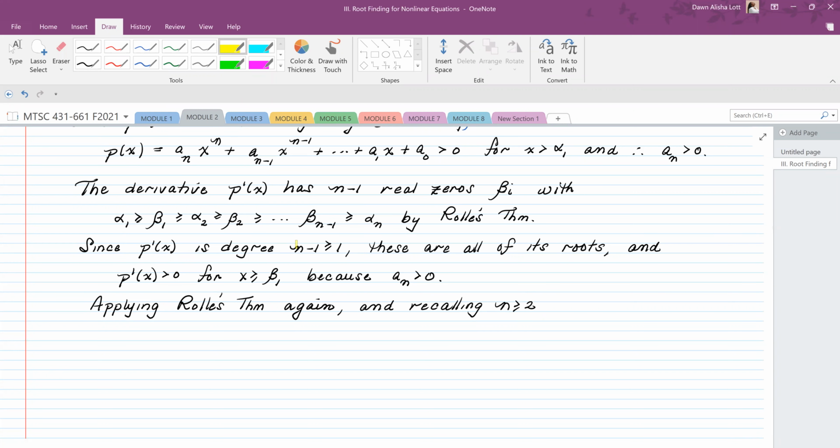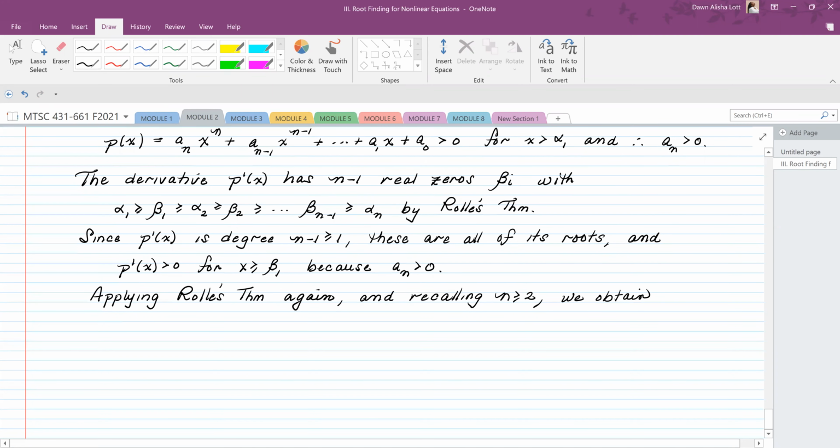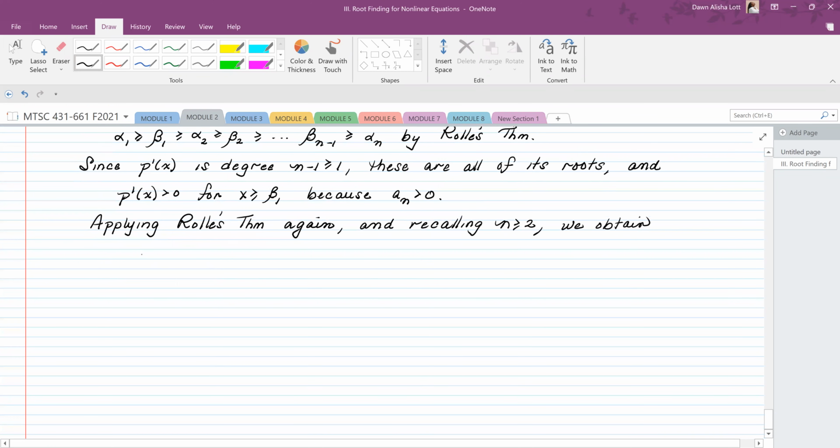We get that from here, that n minus 1 was bigger than or equal to 1, so n is greater than or equal to 2. We obtain P prime of x is greater than 0 for x bigger than beta 1.